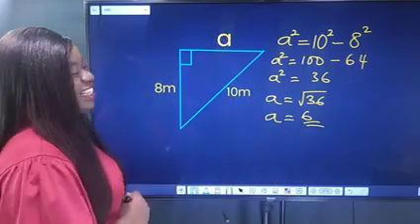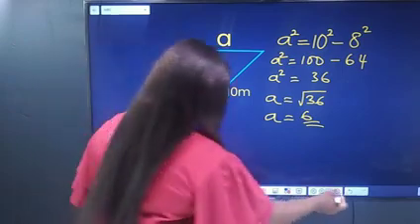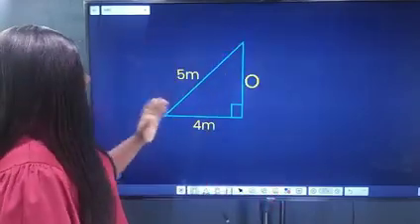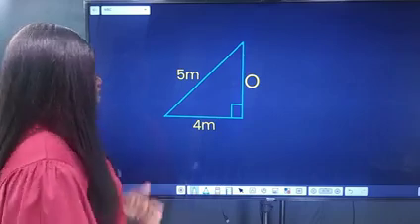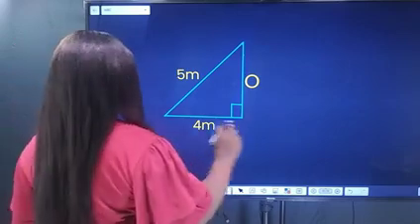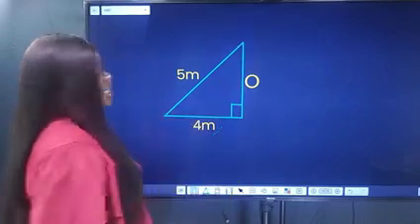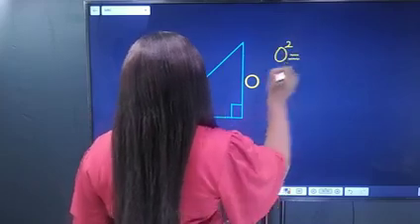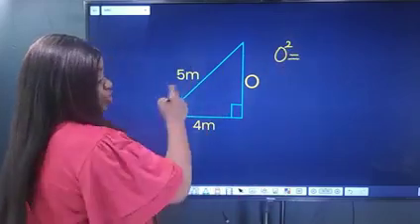Now one more example. Let's find the length of the missing side. So which side is missing? This remains the hypotenuse, this is the adjacent, the opposite side is missing. So that is O squared equals, you're going to subtract the shorter side from the longer side.